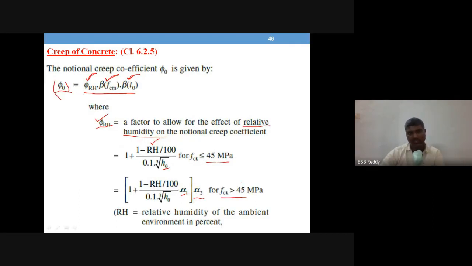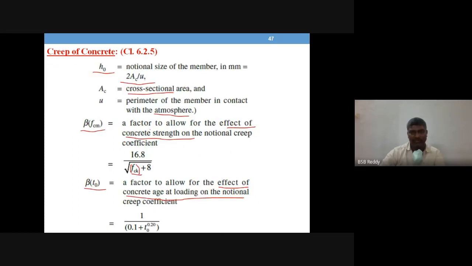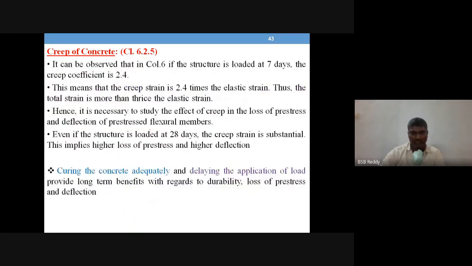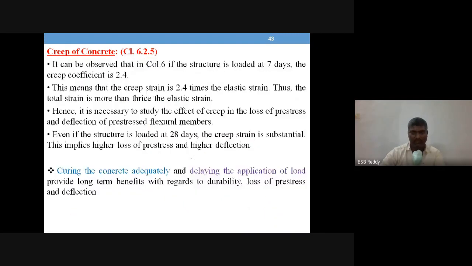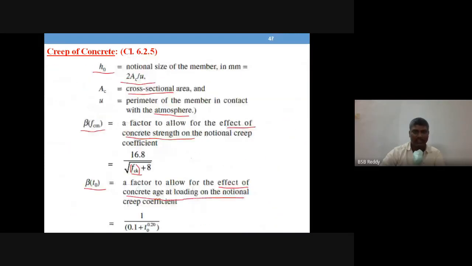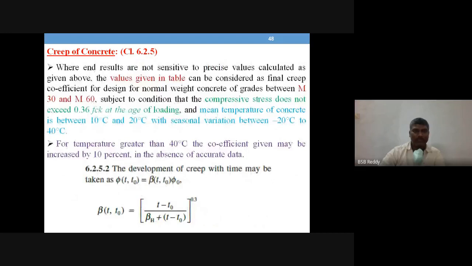If you want to use an equation, otherwise you can use the table that is given in the code, as is said in this slide.